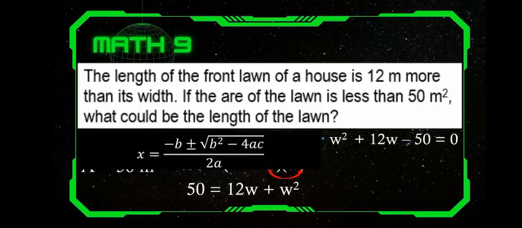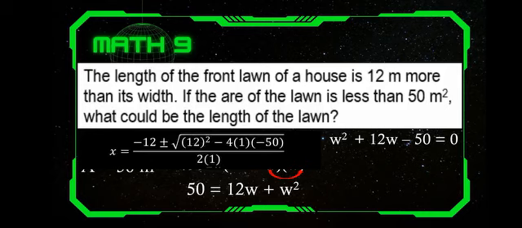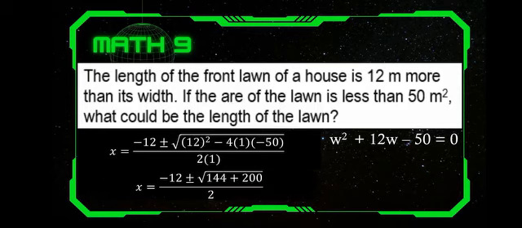Using the quadratic formula, because it cannot be easily solved by factoring nor by extracting the square root, so we will use the quadratic formula. So your b here is 12, your a is 1, and your c is negative 50. Simplify. 12 squared is 144. Negative 4 times 1 times negative 50 is positive 200.